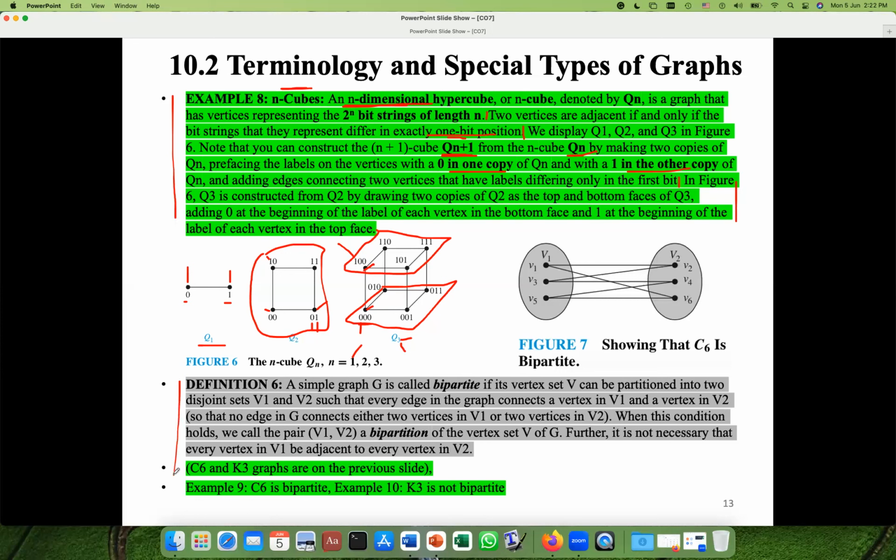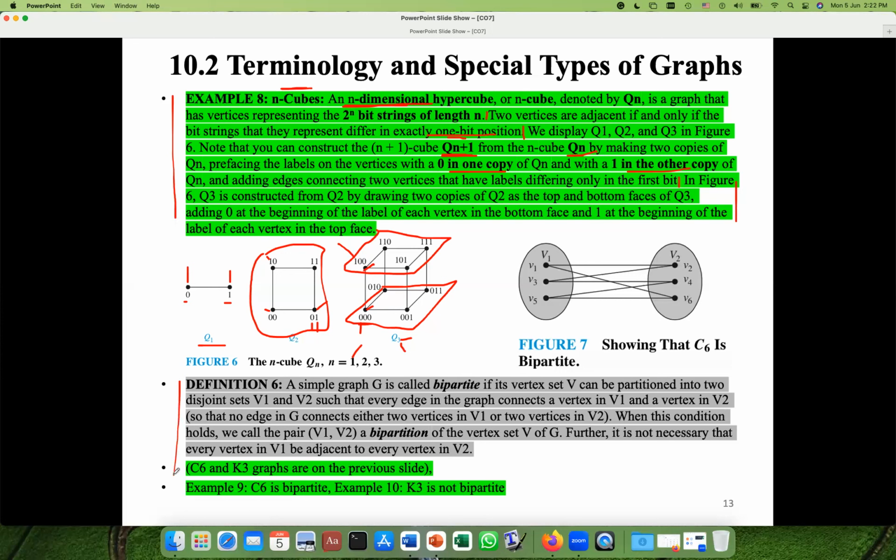After dividing the vertex set V into V1 and V2, you have to draw all the edges which are in the given graph, which are already there in the existing graph.